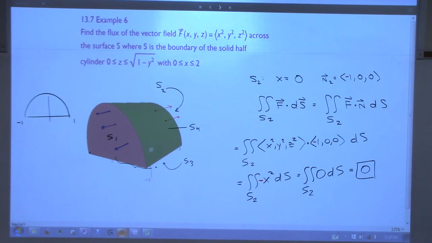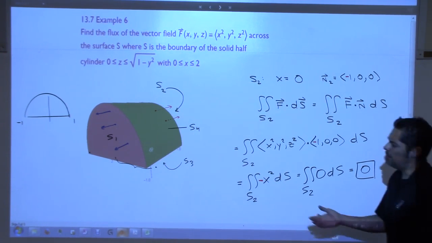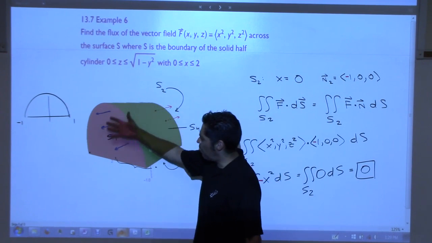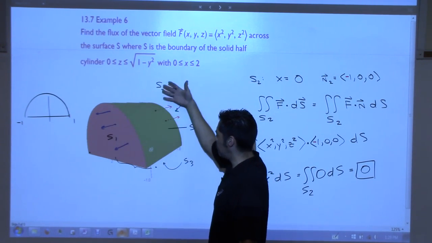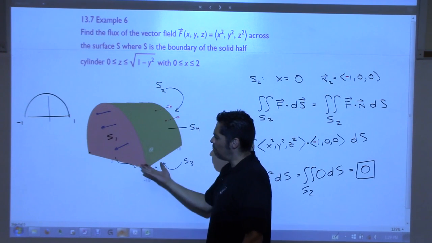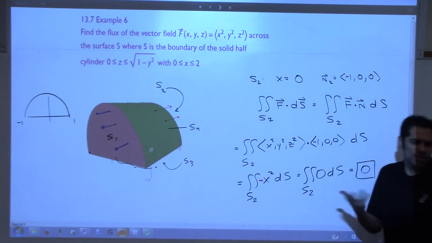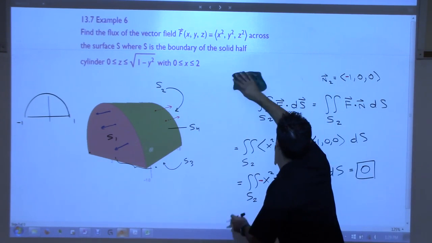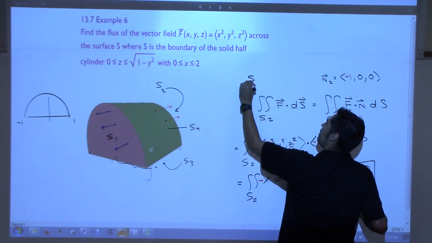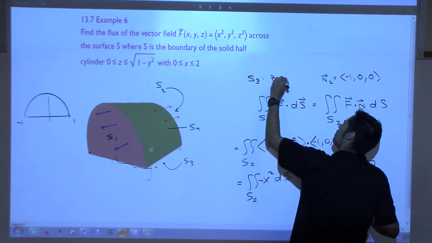Okay, so what about S3? What can you tell me about S3 if it's the bottom of this hanger? It's a rectangle. Like this one was part of a plane, x equals 2. The back one was x equals 0. The bottom one we could say is z is 0. So why don't we do that? We're going to say the bottom, S3, has the equation z equals 0.